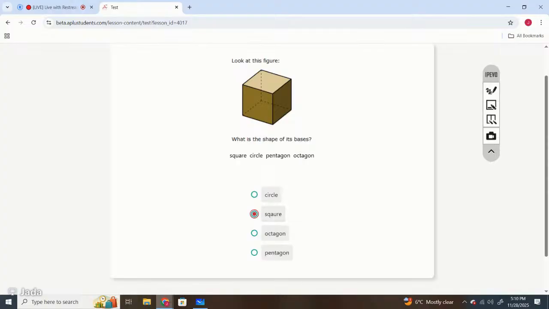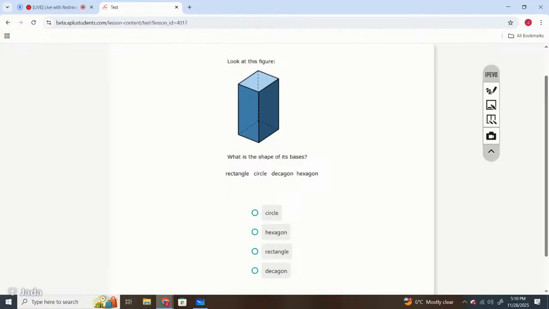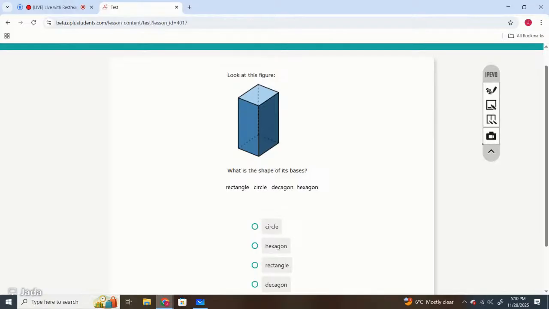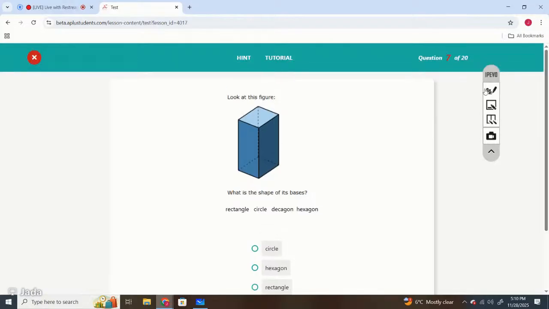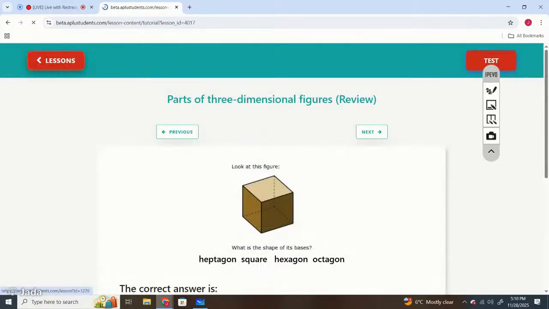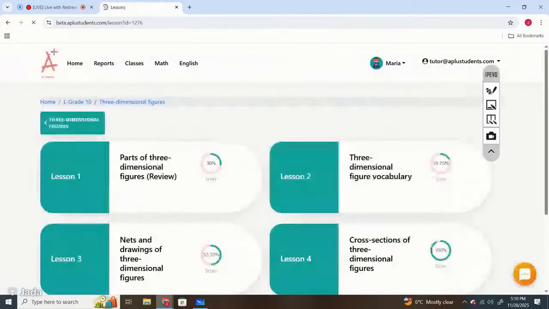Option number 2 is the correct option. Okay, you can complete the lesson by yourself later today. Let me just move on to the next lesson. The next lesson is three-dimensional figure vocabulary. So let's just start with the lesson.